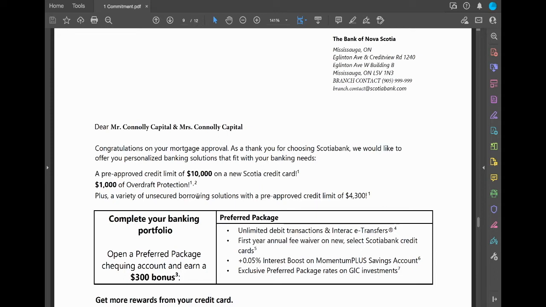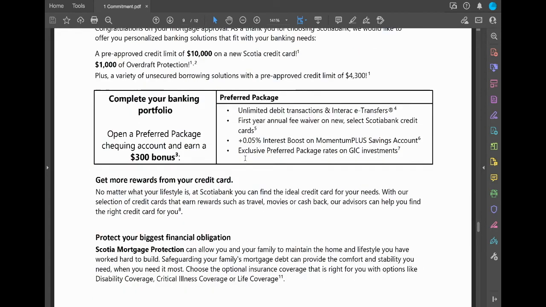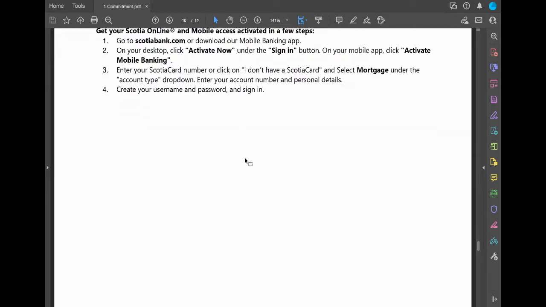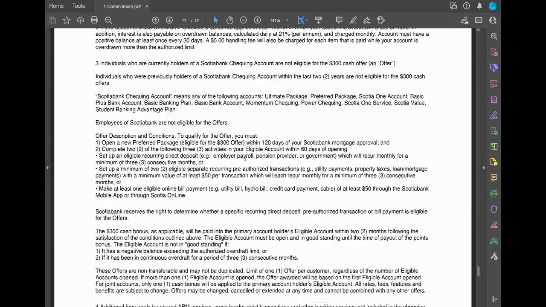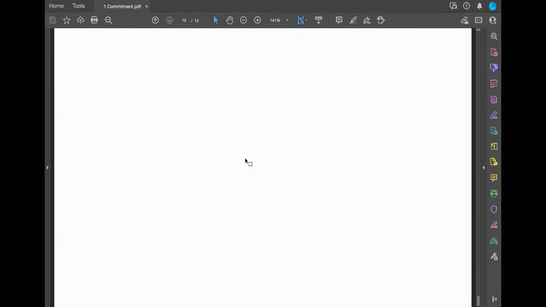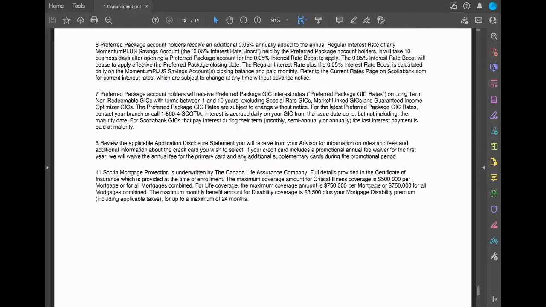The product offerings are not mandatory. This branch is defaulted closest to either the subject property or your current address to make the meeting convenient for you. Here's more information on Scotiabank products. If you have any questions on the Scotiabank commitment, please do let us know.